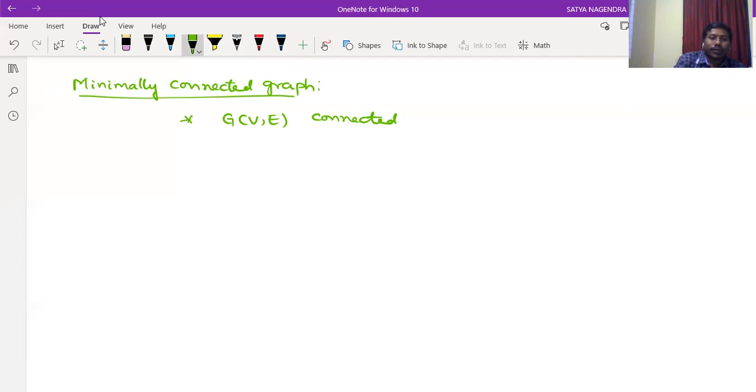For example, you take a connected graph G, three vertices, V1, V2, V3. I'm taking this. This is a connected graph, no doubt in that. Here, by removing any one of these two edges, if I remove E1, then the graph will be like this: V1, V2, V3.